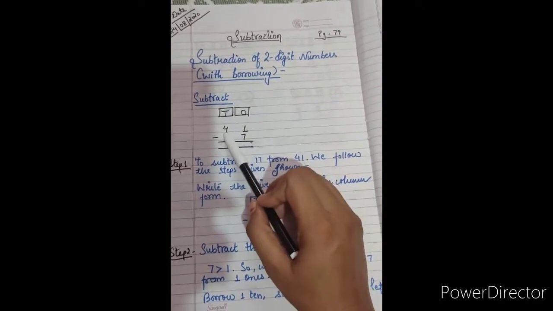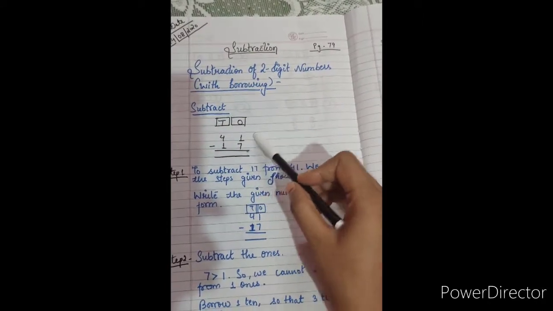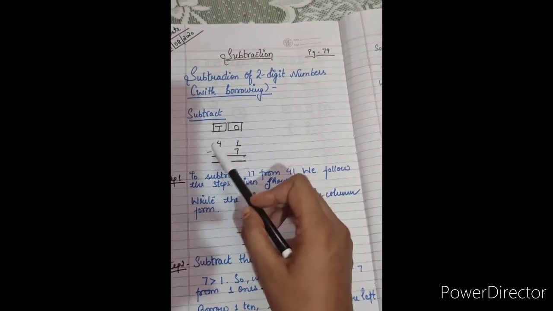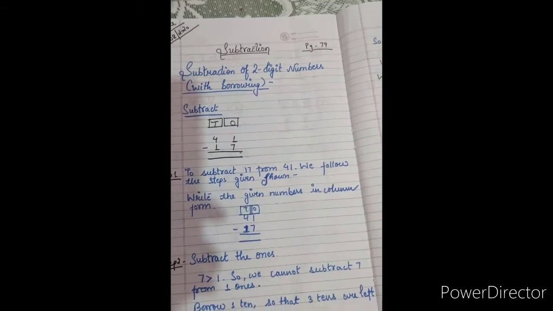Borrow 1 ten. If 1 is borrowed from the tens, then only 3 tens are left.